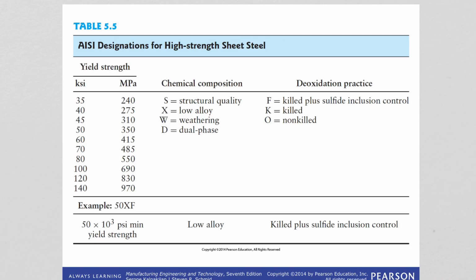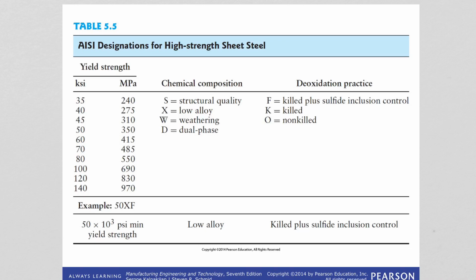In this case, it has carbon, manganese, phosphorus, etc. I don't expect you guys to memorize any of this, okay? And then when we see the letter X, it means the alloy is low alloy. It has molybdenum, chromium, copper, nickel, etc., or a combination of these.